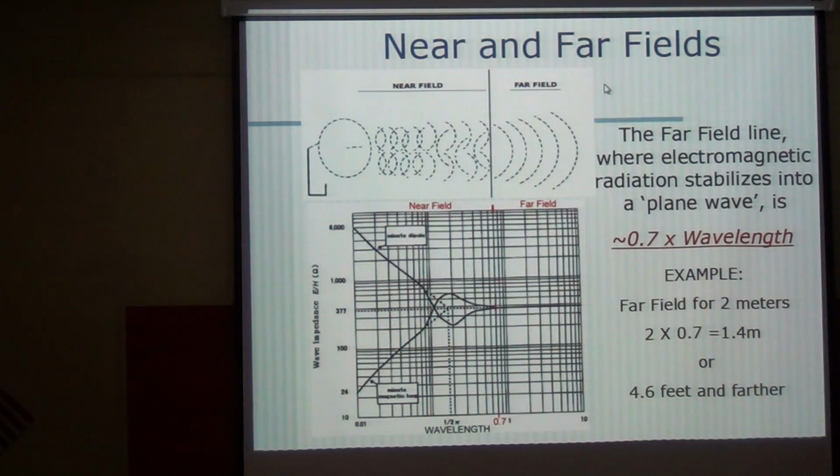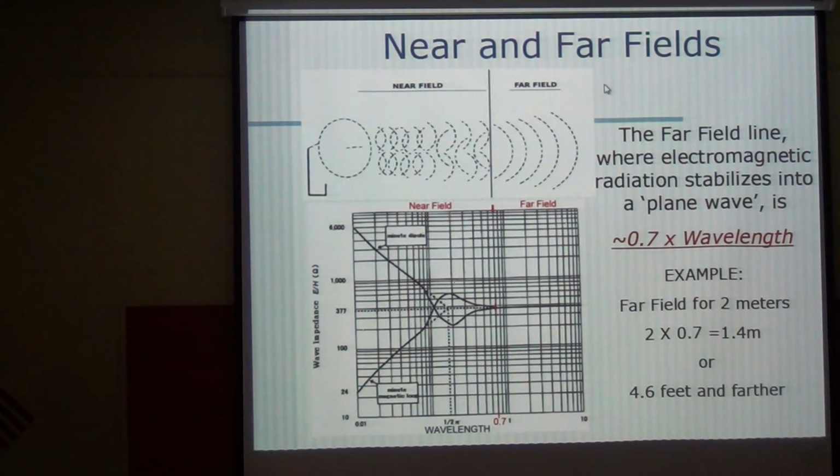The key here is that at 0.7 wavelength, you're in the far field calculations, which are much simpler than the near field. Since all of our work is in the far field, that simplifies things. For example, at 2 meters times 0.7, if you get 4.6 feet away from a 2-meter antenna, you're essentially working in the far field.